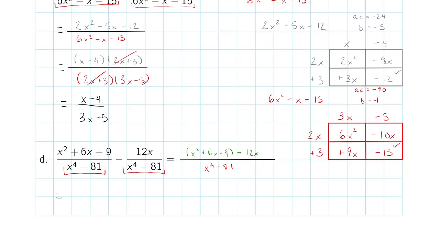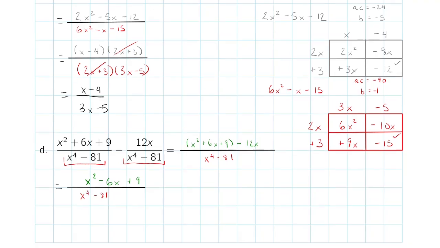Doing the subtraction in the numerators? Well, there's only one term in the thing we're subtracting, so we don't need to mess around with distributing a negative sign. We can go ahead and combine like terms. We'll have x squared, 6 minus 12 is negative 6, so minus 6x plus 9. And then our denominator, x to the fourth minus 81.